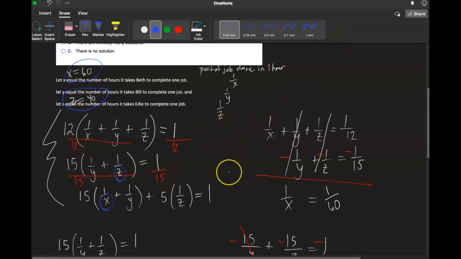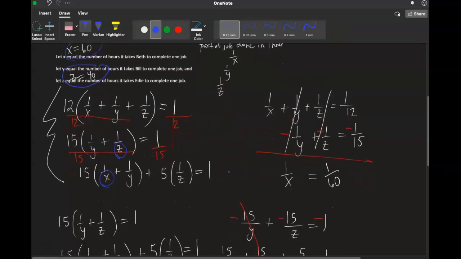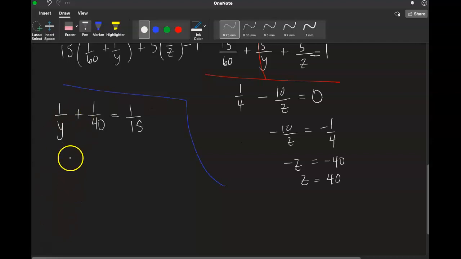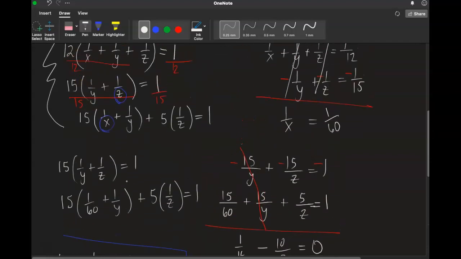So again, z is 40. So I'll have here that 1 over y plus 1 over 40 equals 1 over 15. And solving that, subtracting 1 over 40 from both sides, I get that 1 over y equals 1 over 24. So that must mean that y equals 24.